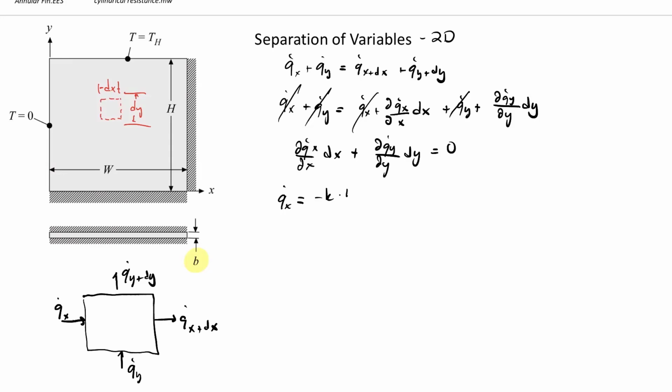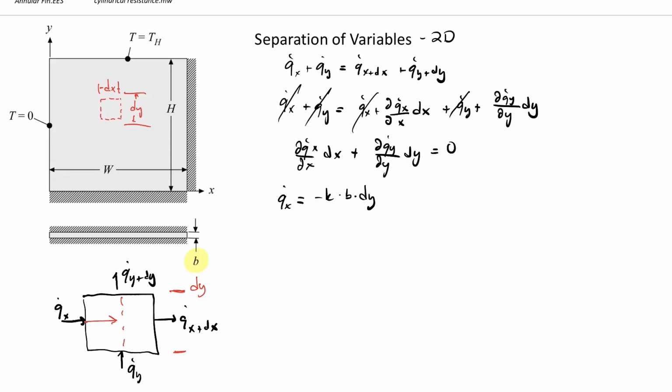It's going to be b times dy, right? That's the cross-sectional area available for heat flow for the heat that's flowing in the x direction. If we look again, we have heat flowing this way, right? This is dy, right? So this cross-section area is going to be dy times b into the page.